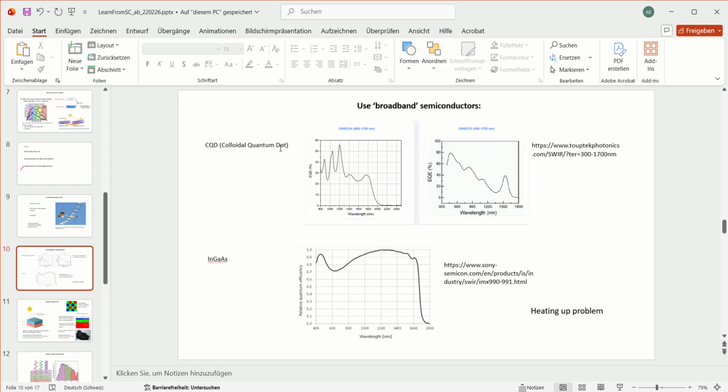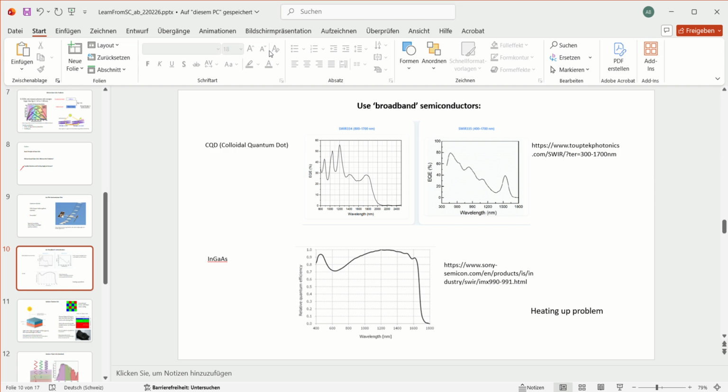And there are also broadband semiconductors that we discussed already in the first video about infrared sensors. For example, the colloidal quantum dot sensors, they're more sensitive to longer wavelengths and to a very wide range of photons.